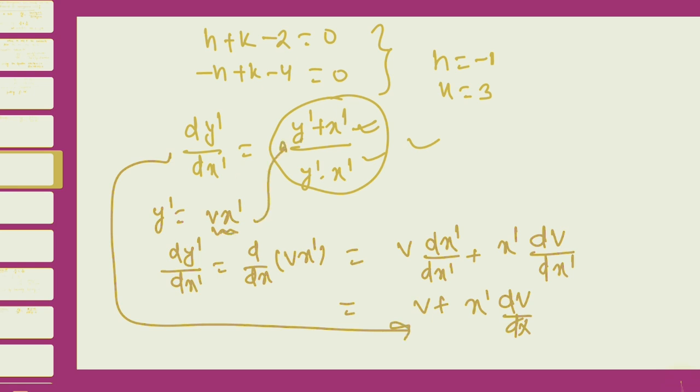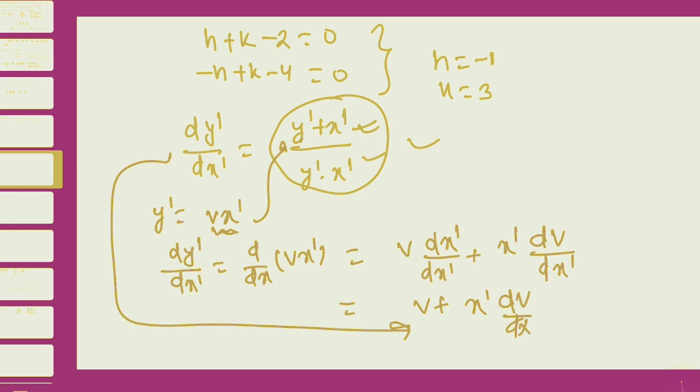So we replace these values and get v plus x' dv/dx' equal to (v plus 1) upon (v minus 1). Okay, I am writing this directly.